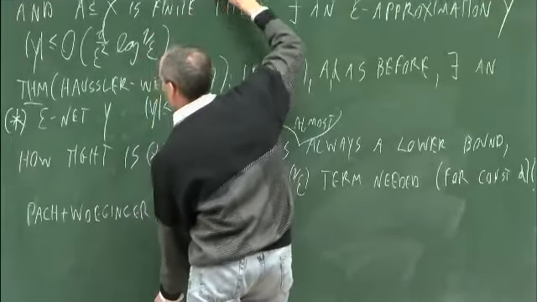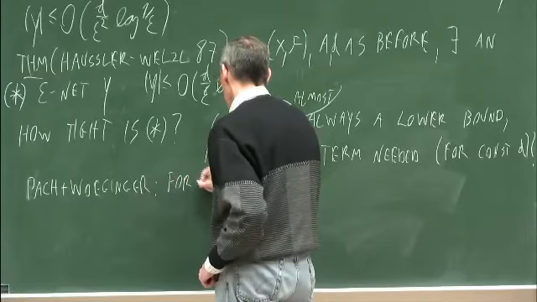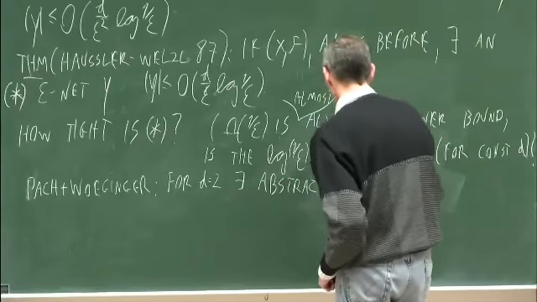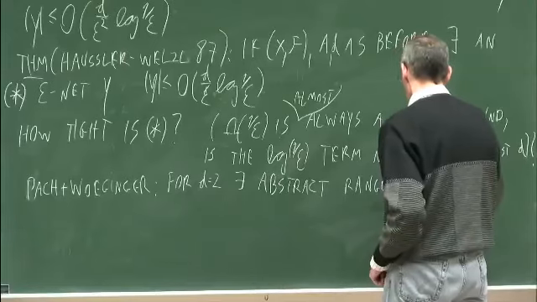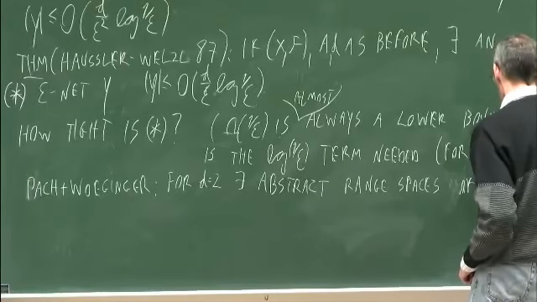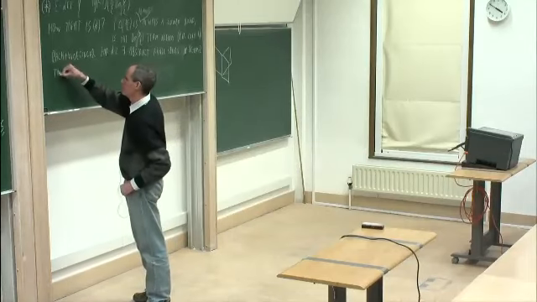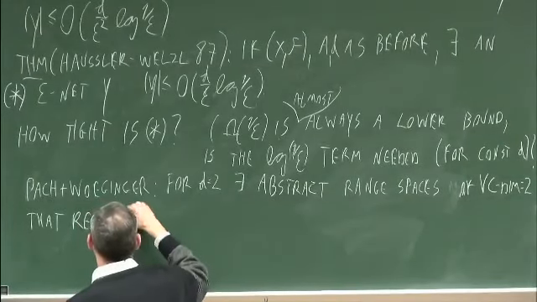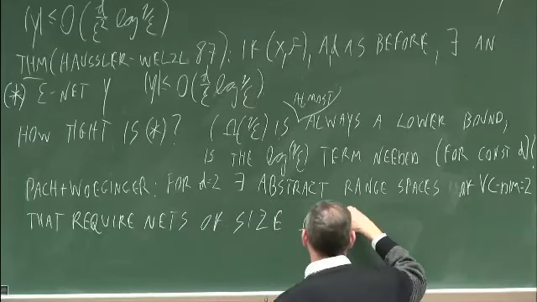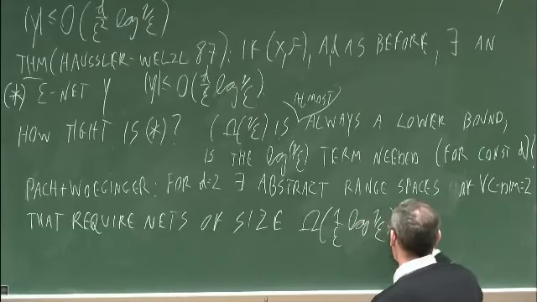Maybe sometime around 1990, and this is for d equals 2, there are abstract, so not geometric, abstract range spaces of VC dimension 2 that require nets of size Omega of, and all the constants here are reasonable constants, so maybe 1/3 or something, 1 over epsilon log of 1 over epsilon.